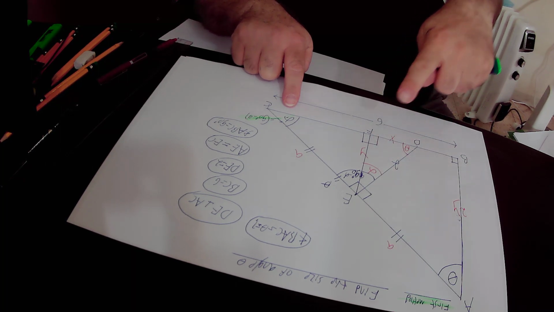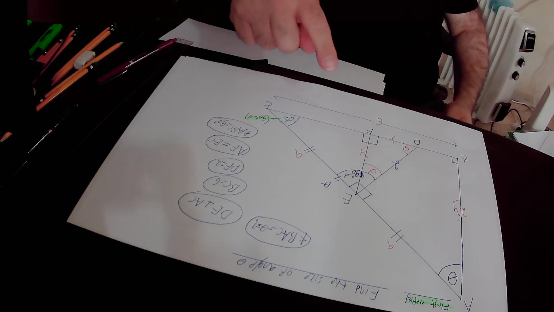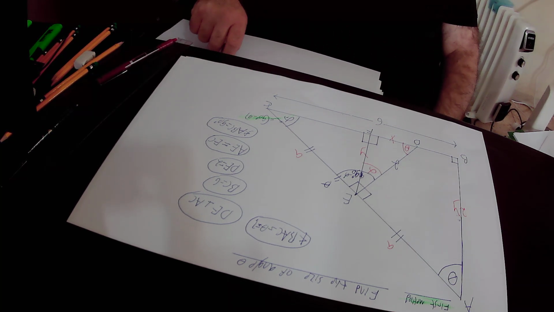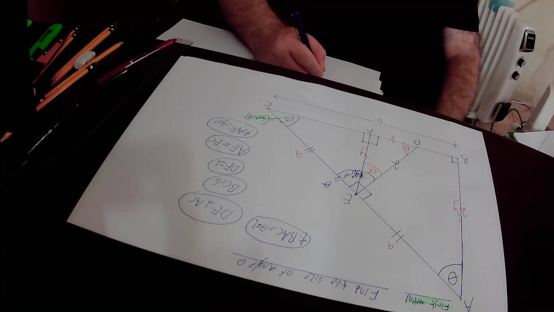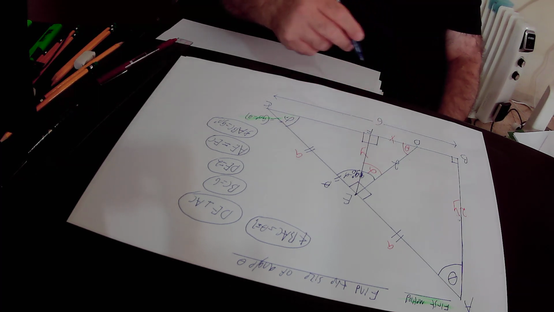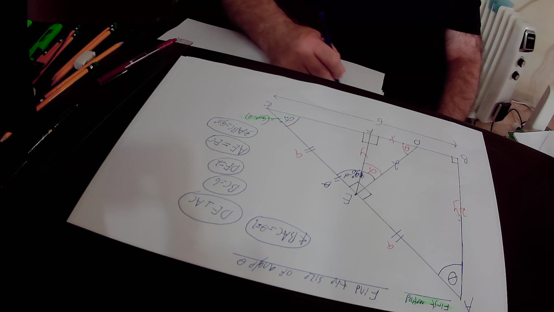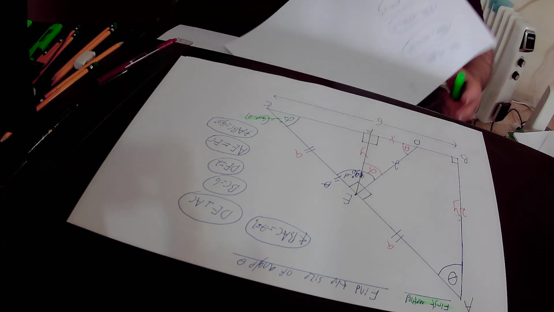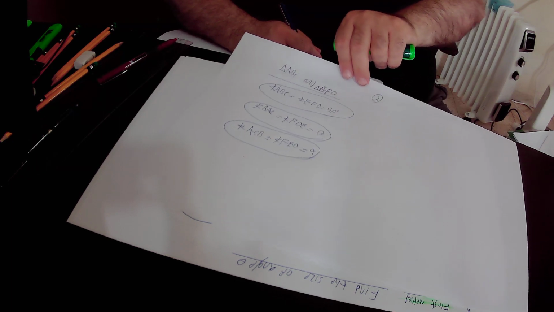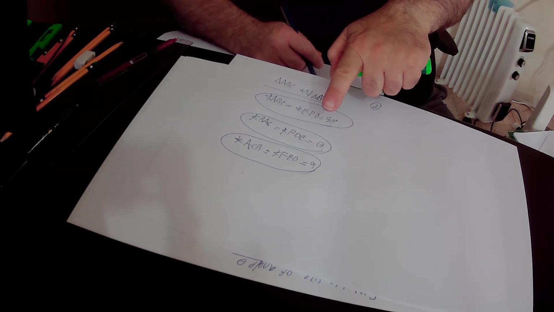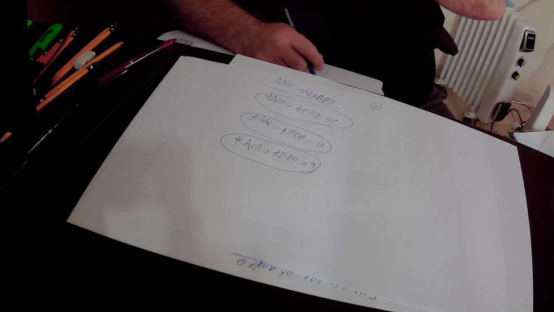So angle ACB in triangle ABC is equal to angle FED in triangle FED, and both angles are equal to alpha. Angle ACB equals angle FED, and both angles are equal to alpha.